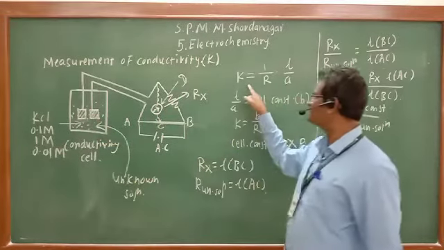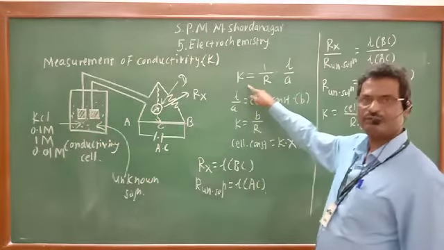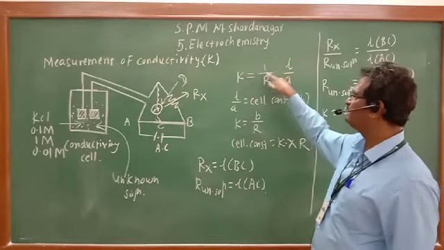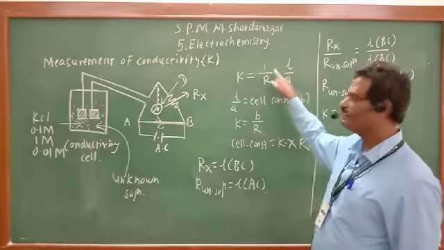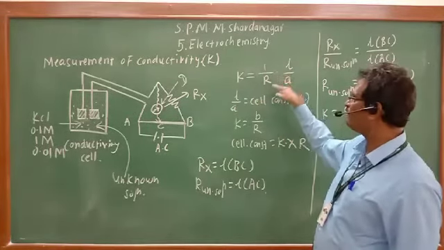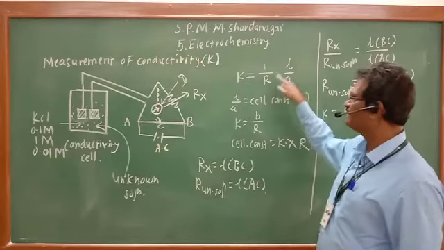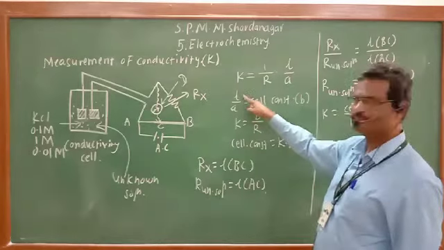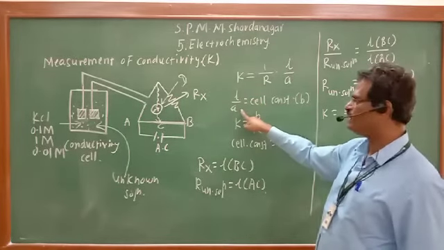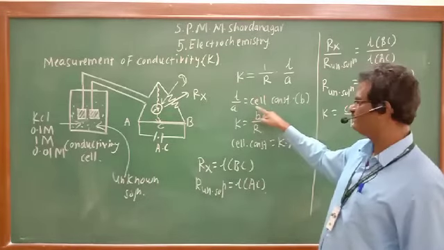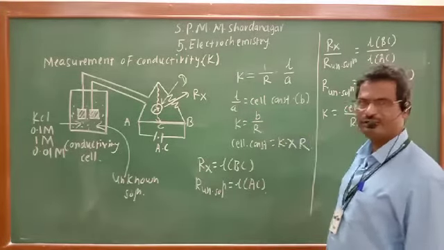We know this equation from the start of the chapter. Conductivity is equal to G into L upon A. G is nothing but 1 upon R. So conductivity is 1 upon R into L upon A. This L upon A, ratio of length of conductor to the area of cross section, is known as cell constant.